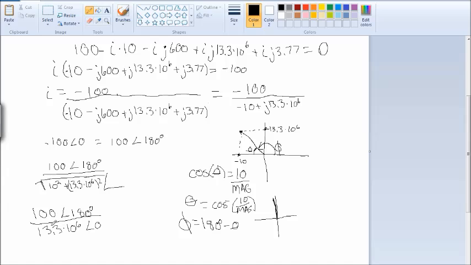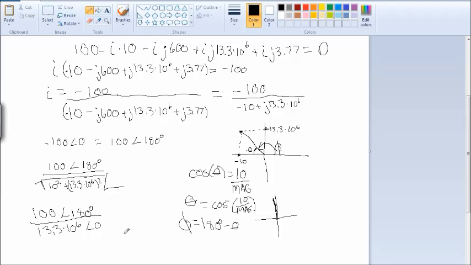So whenever you divide these polar functions like this, the amplitudes you divide like you would anything, and the angles you subtract them.